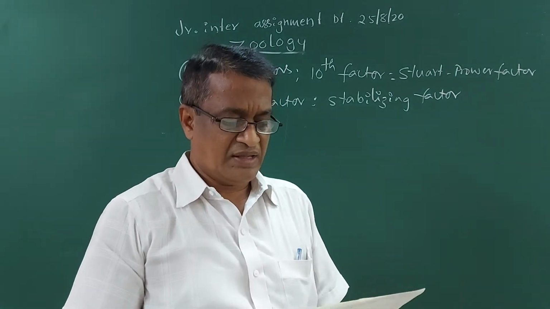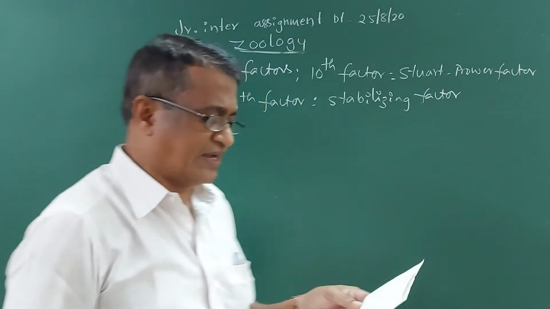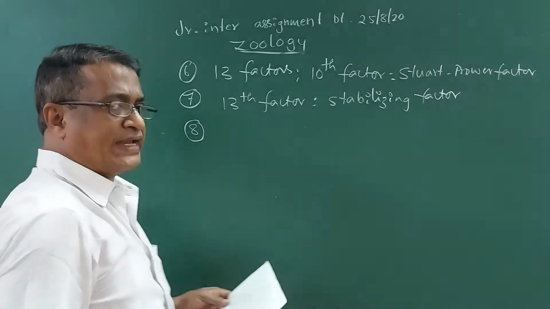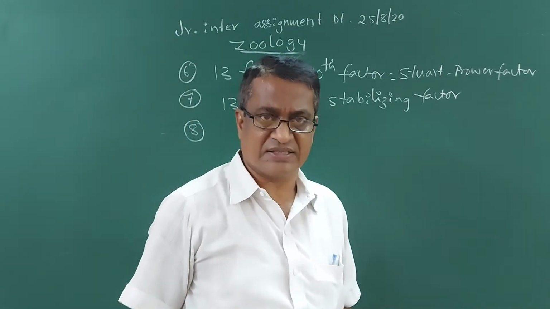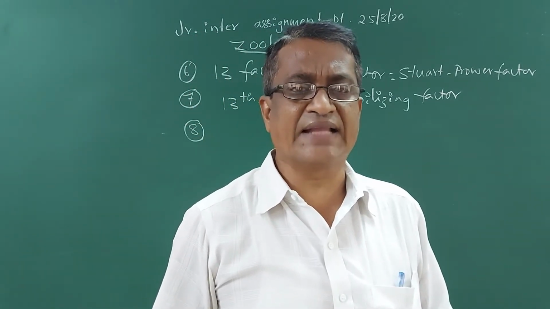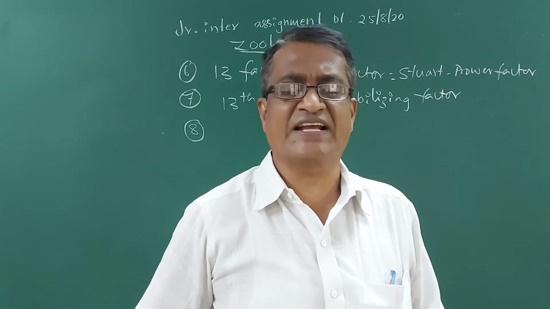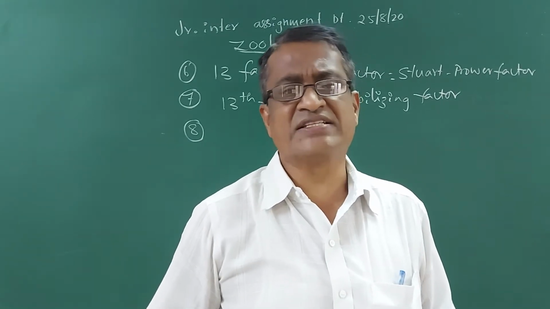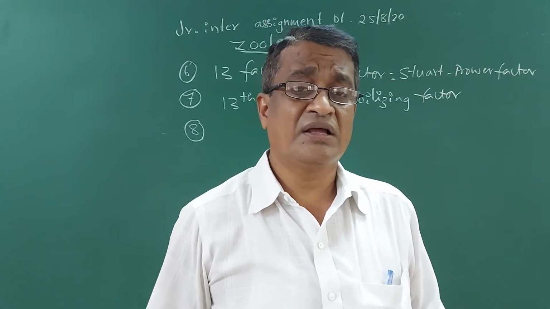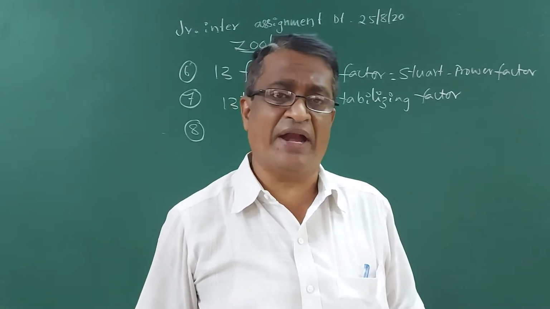Then the 8th one, clotting of blood in blood banks is prevented by using... We are donating blood to needy persons, and the blood bank people store it for some time after screening for AIDS and hepatitis B. But when blood comes out of our body, it will clot within 5 minutes.